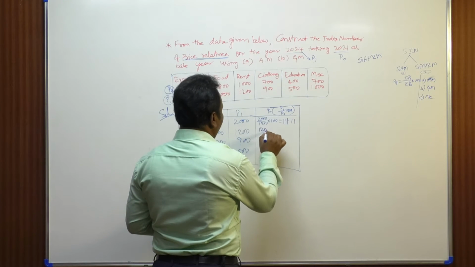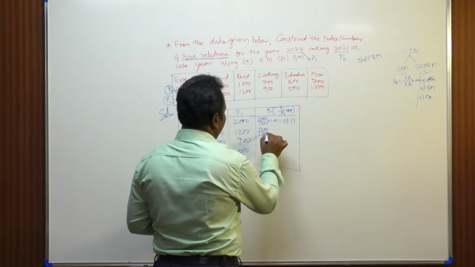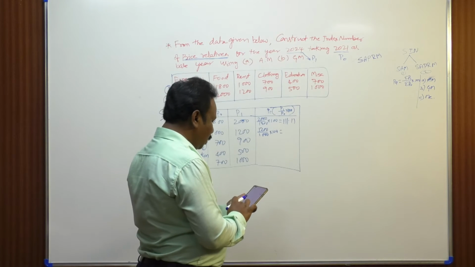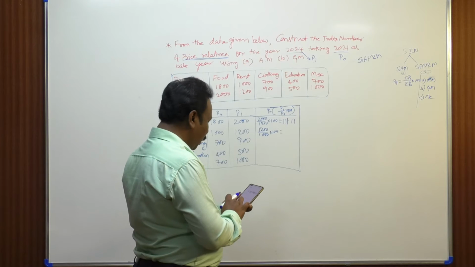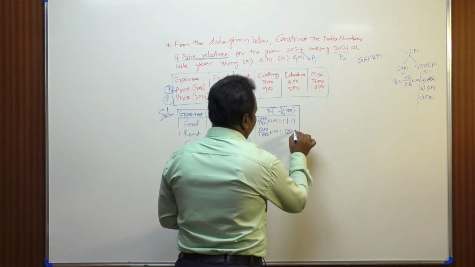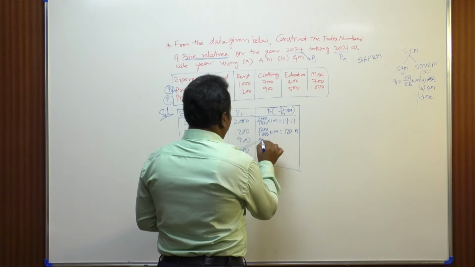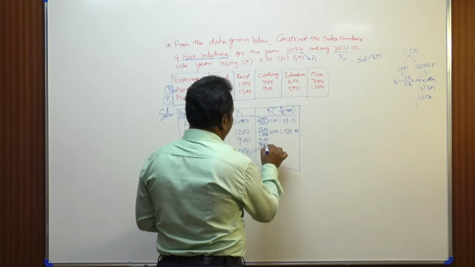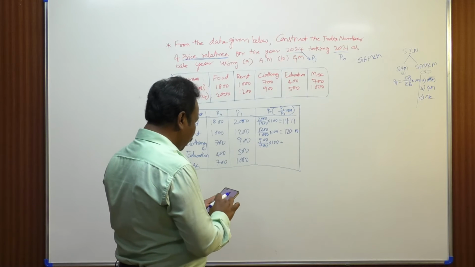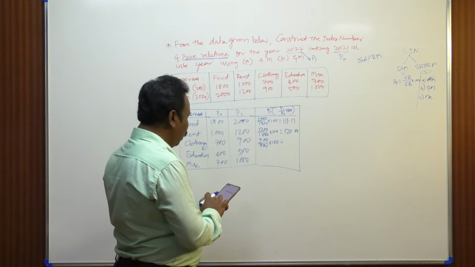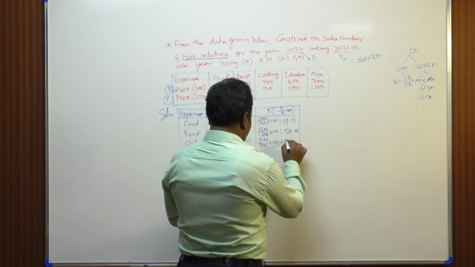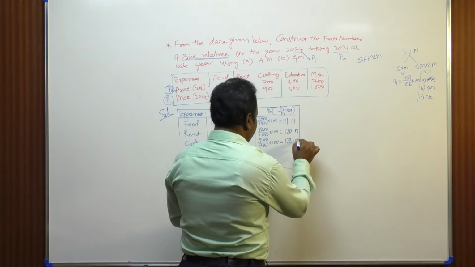Like that, 1200 divided by 1000 into 100 equals 120. Next, 900 divided by 700 into 100 equals 128.57.